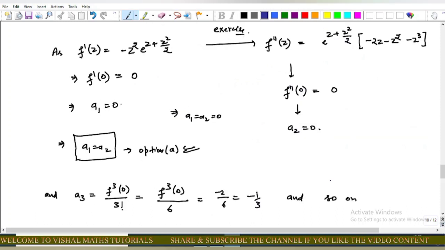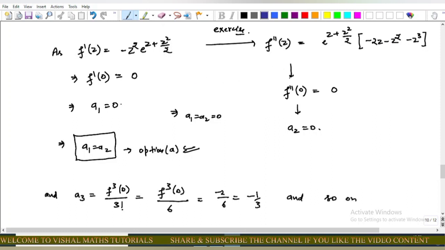Now, as we know that f dash z is equal to minus z power 2 into e power (z plus z square upon 2), in this way we also find the double derivative of f with respect to z, that is equal to e power (z plus z square upon 2) into (minus 2z minus z square minus z cube).